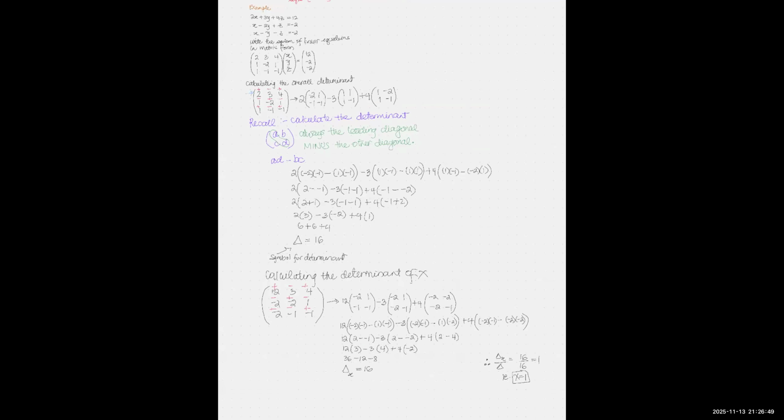All right. So I have this thing here now, the determinant of x and determinant of y. All right, so I'm going to screenshot both that I calculated for you.